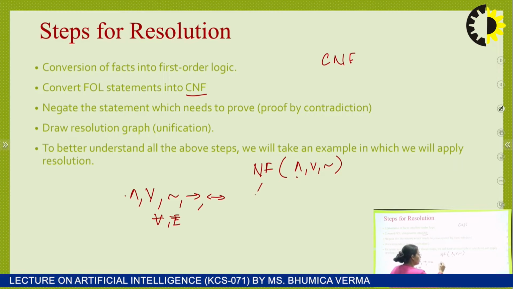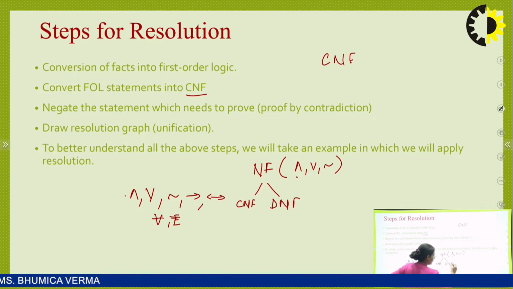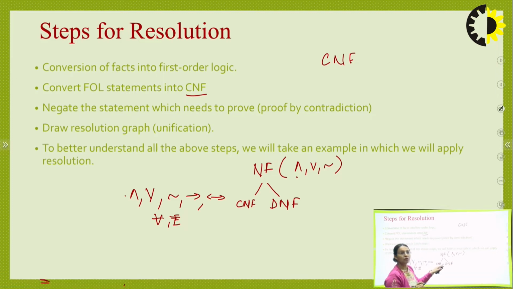Similarly, the normal forms are of two types: the CNF form, which is what I am talking about here, and the DNF form. These are the conjunctive normal form and the disjunctive normal form. CNF says the clause will only have the AND symbol as well as negation as a symbol, and DNF says it will have the OR symbol and negation as a symbol. So if there is a clause, this clause has this operator in between.